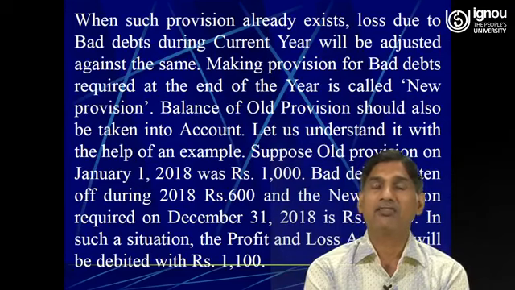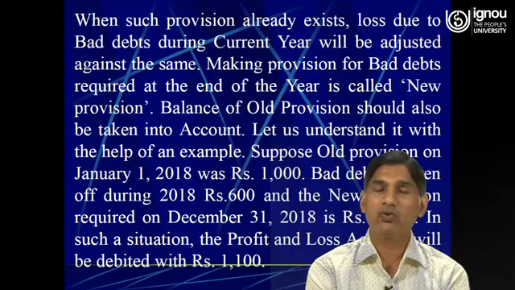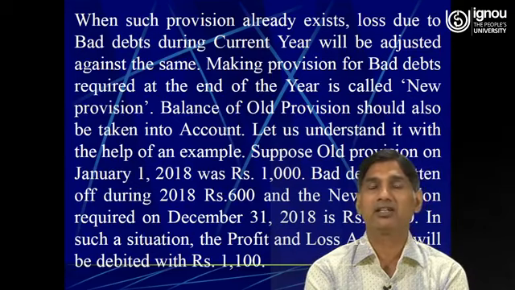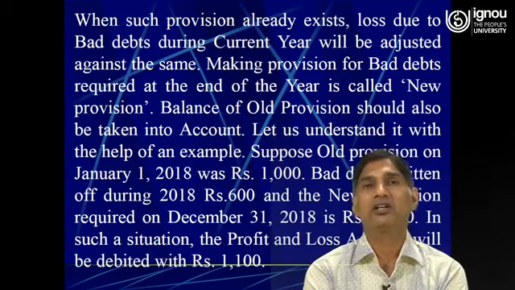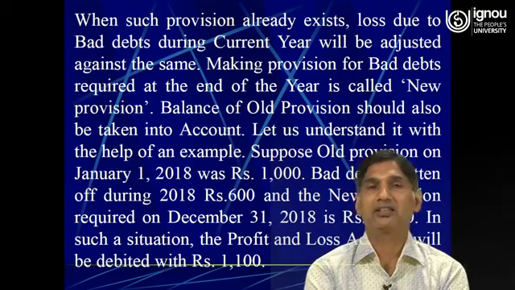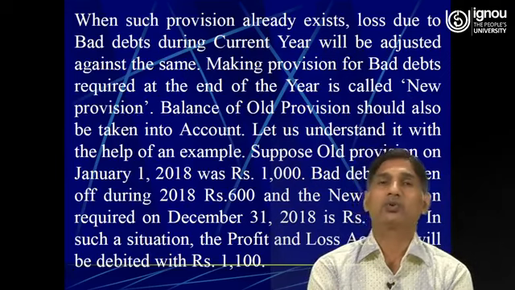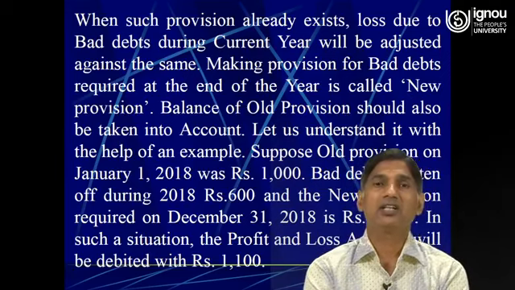It means after subtracting the amount of further bad debts from the amount of debtors given in the trial balance, we need to make a provision on the debtors, minus old provision. Old provision is given in the trial balance.